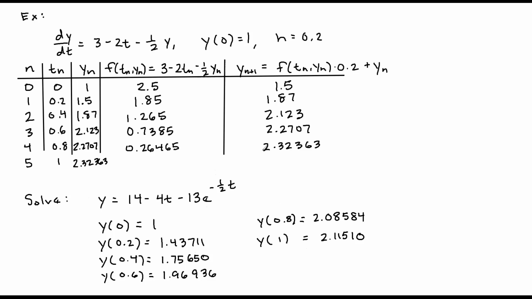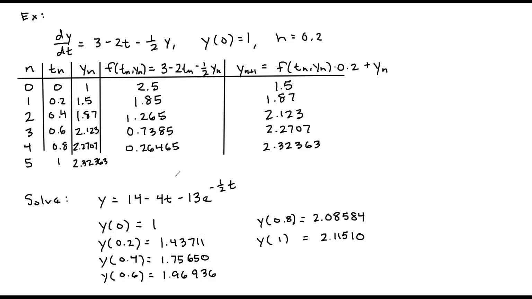Okay, and how do you compare these two? Well, these are the y values that correspond to t values. When t is 0, y is 1. And so the initial conditions, of course, perfectly match up. So for the next point, when t is 0.2, our slope and line segment method produced 1.5. The actual should have been 1.437. So we're off. It's not perfect. It's an approximation.